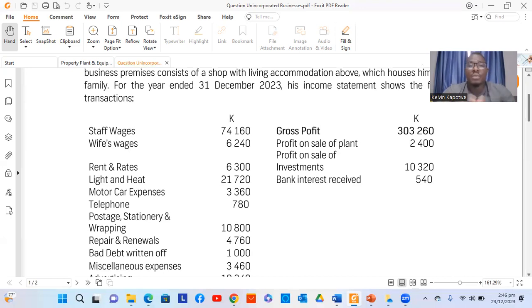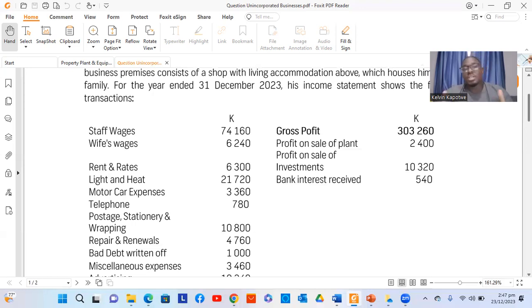We've got staff wages amounting to 74,160 kwacha. We have wife's wages amounting to 6,240. We've got rent and rates amounting to 6,300. We've got light and heat amounting to 21,720. We've got motor car expenses amounting to 3,360. We have telephone expenses amounting to 780 kwacha.